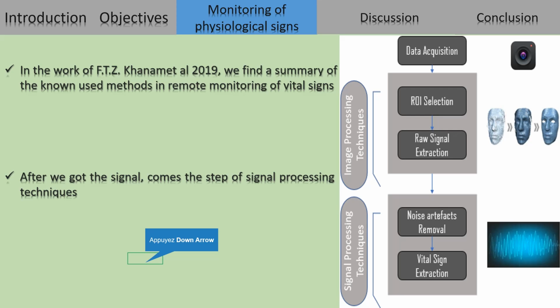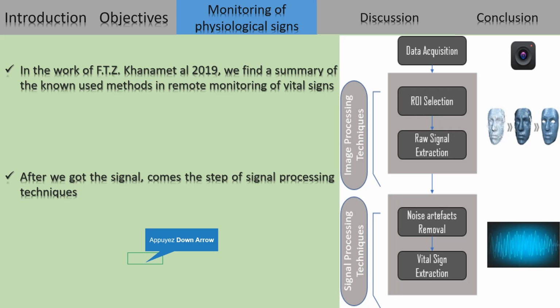Then comes the image processing steps, which start with region of interest selection, such as the forehead, face, eyes, etc. The essential thing is to detect the region we are going to get pulsation from.